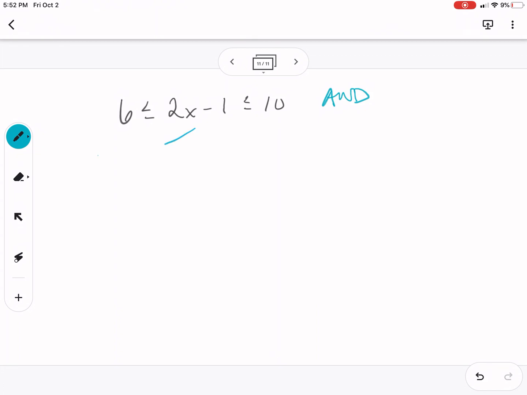You're going to split it into two problems, 6 less than or equal to 2x minus 1, and 2x minus 1 is less than or equal to 10. And you could solve from there. So from there, the steps are the same as what we were just doing with the absolute value problems.